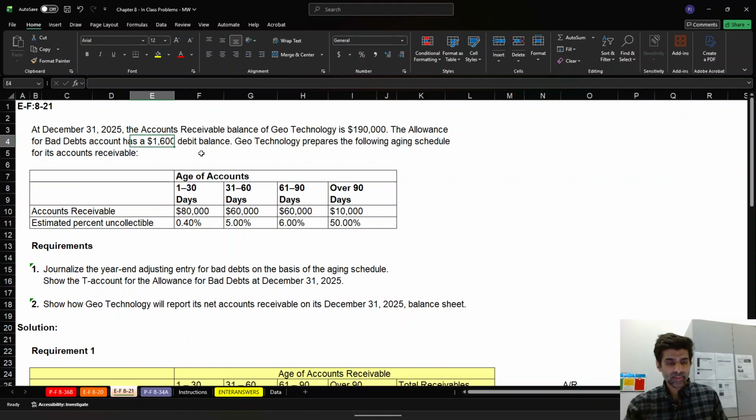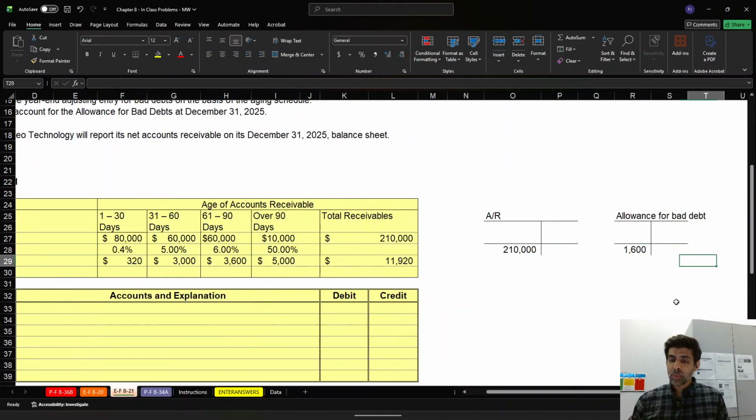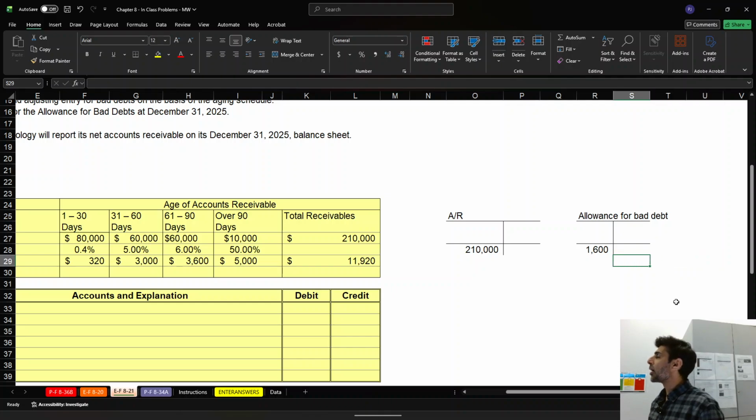You need to realize whether allowance for bad debt has a credit or debit balance. In this case, it has a debit balance, which means, did we over or under reserve in the previous periods? Were we too aggressive or too conservative? Who thinks that we were too aggressive, meaning that we did not reserve enough for losses?